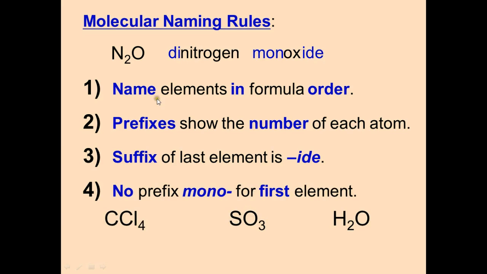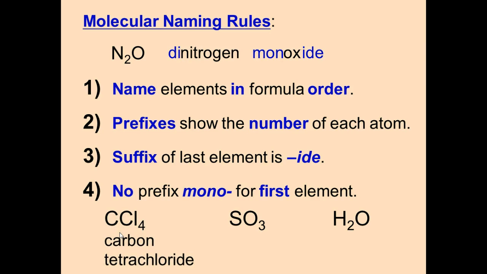So let's go ahead and name these compounds. Here we have carbon and chlorine. We first name the elements in formula order, so we put carbon and chlorine. Then we add prefixes to show the number of atoms, so monocarbon, and tetra for 4 chlorine. Then we add ide, so right now it would be monocarbon tetrachloride. Then the rule says no prefix mono for the first element, so it'll be just carbon tetrachloride as your final name.